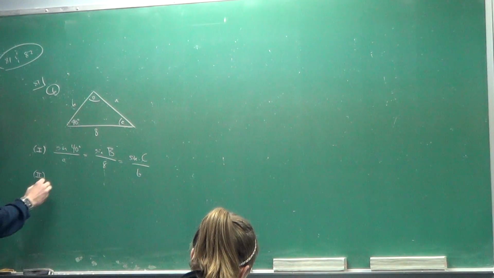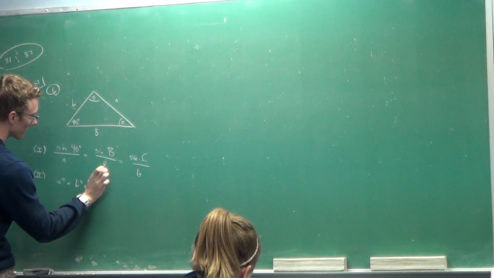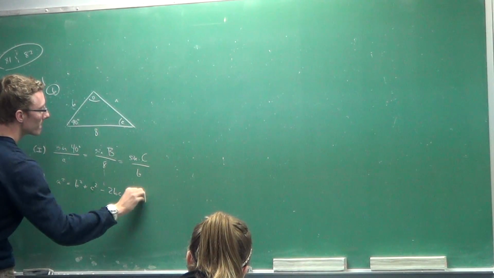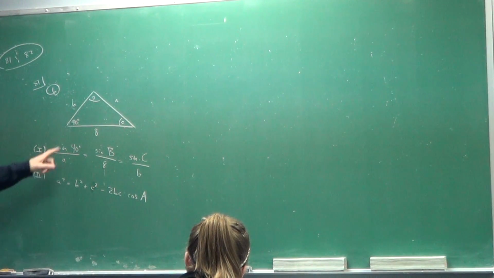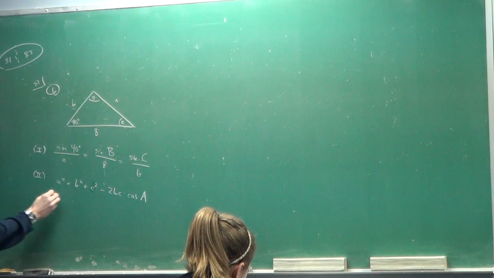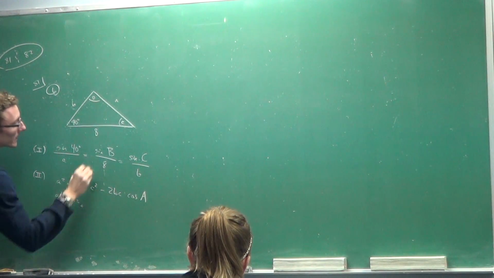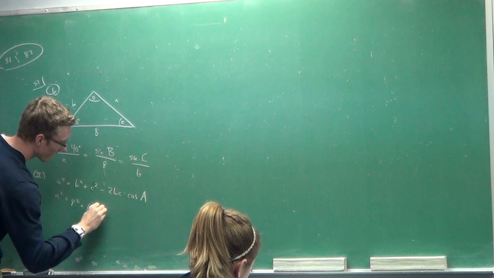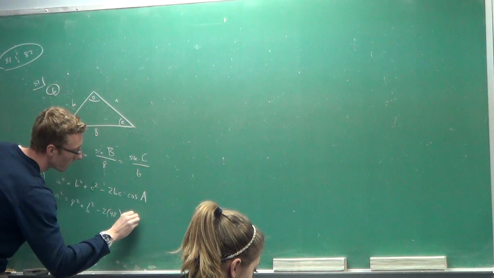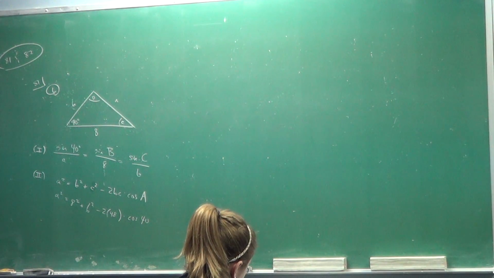So one form of law of cosines is a squared equals b squared plus c squared minus 2bc cosine A. That's going to be a good one because the angle then gets put in here, and then we're going to be able to compute everything out. So a squared equals b is 8, c is 6, bc is 48. We just have to plug and chug, basically.